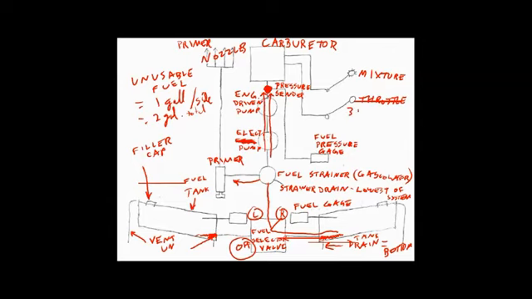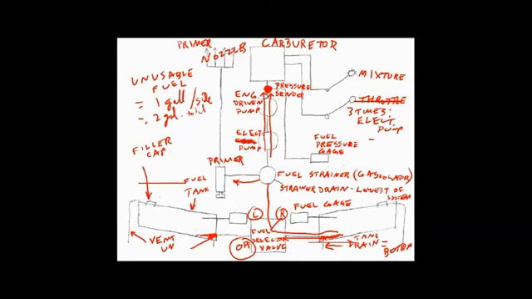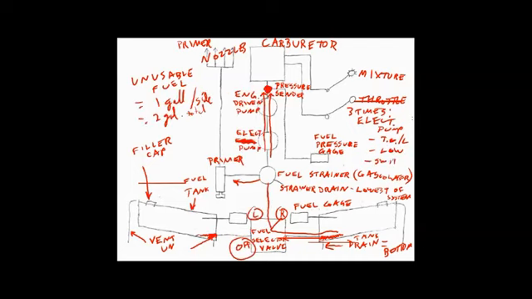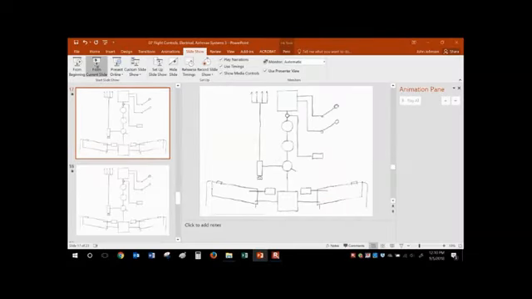There's really 3 times the electric pump needs to be on: takeoff and landing, whenever you're maneuvering low to the ground, and whenever you're switching tanks. Just to make sure when you switch tanks, I think it's going to try to exit. Oh, darn. All right. Well, we'll keep going.